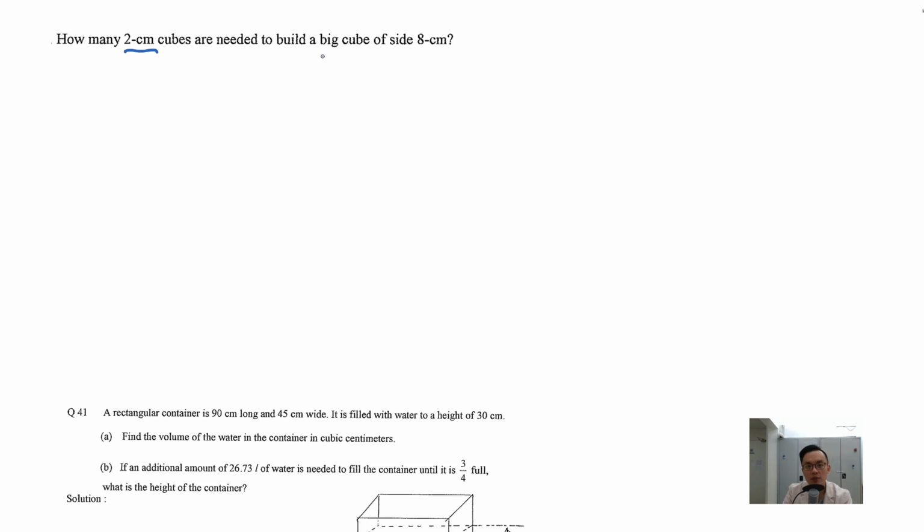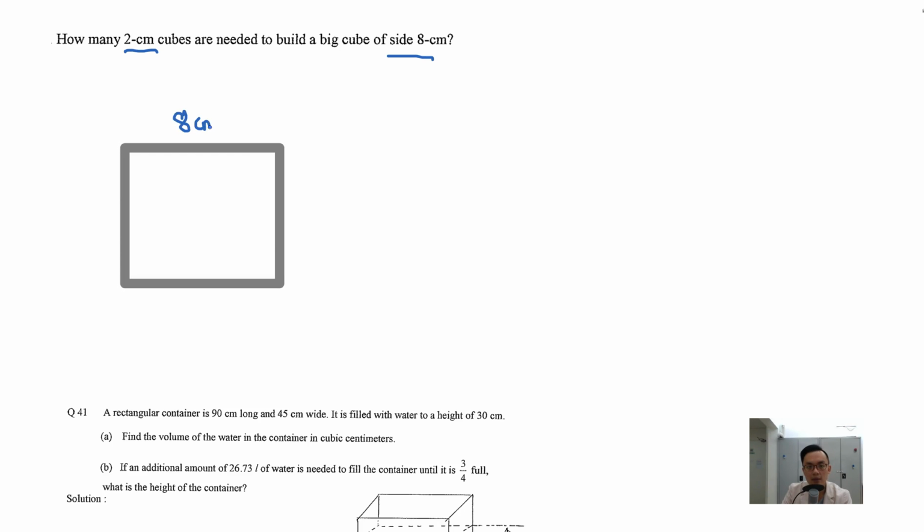So let's look at this question. How many 2 cm cubes are needed to build a big cube of side 8 cm? So let's look at the surface, look at the base first. So let's say this is 8 cm, 8 cm, so I need a 2 cm cube. So I can split into 2, 4, 6, 8. 4 cubes. And I need to split into 2, 4, 6, 8.